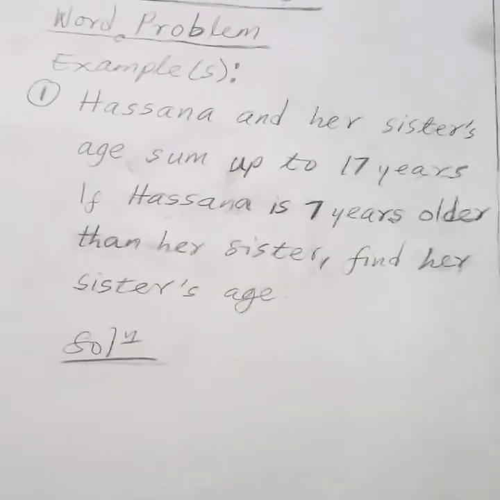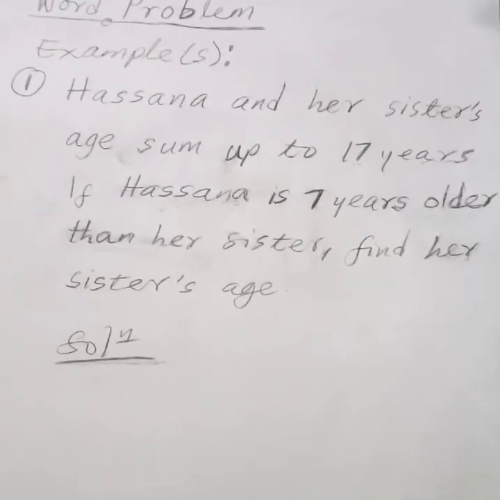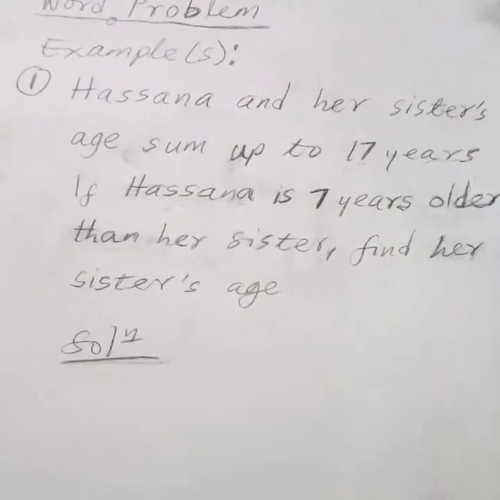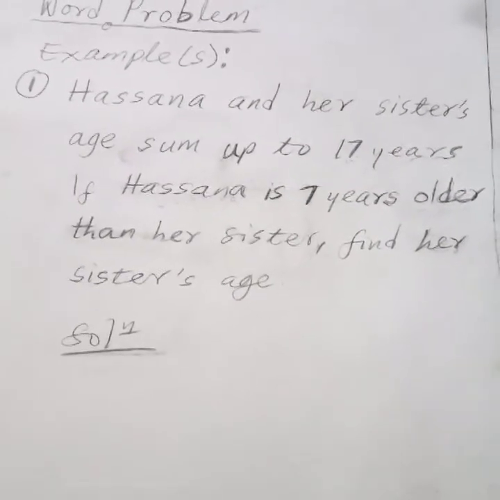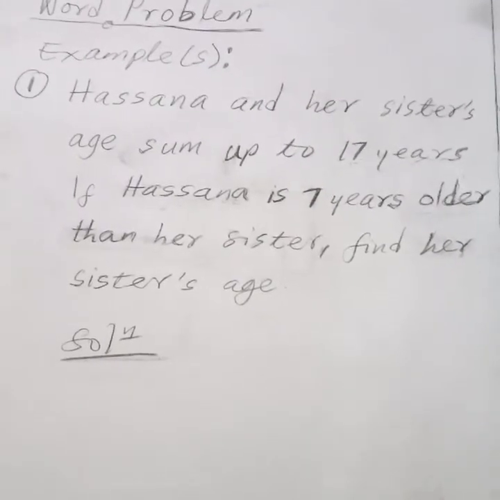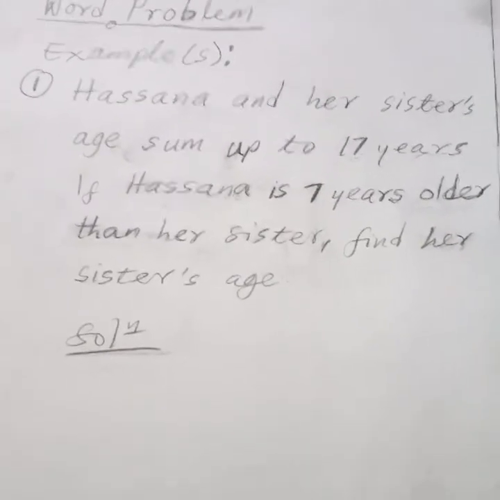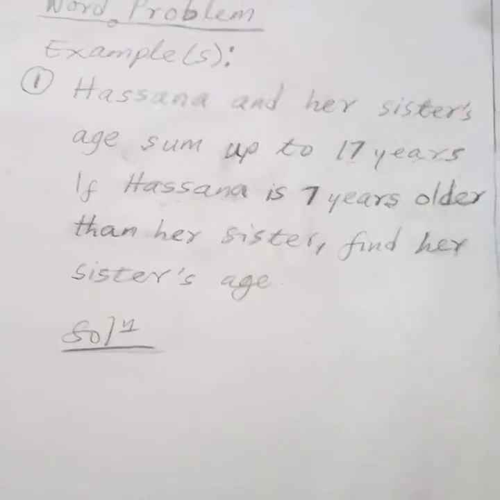Now let us look at our first problem under word problem. Hasana and her sister's ages sum up to 17 years. If Hasana is 7 years older than her sister, find her sister's age.